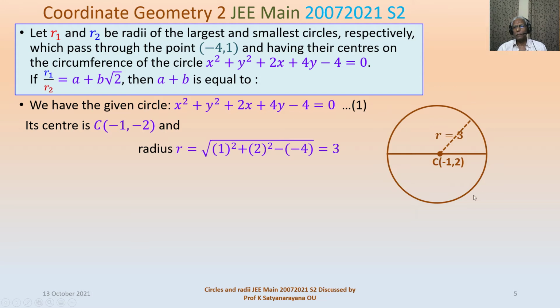So here is the circle with center C and radius r = 3. That is the given circle 1.